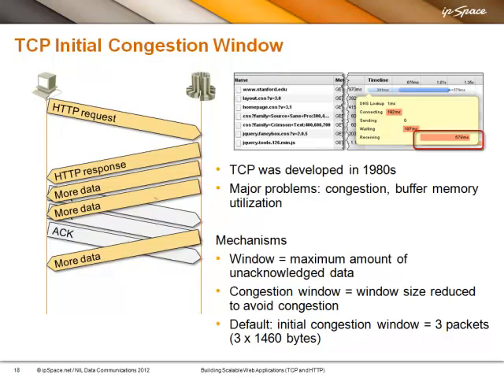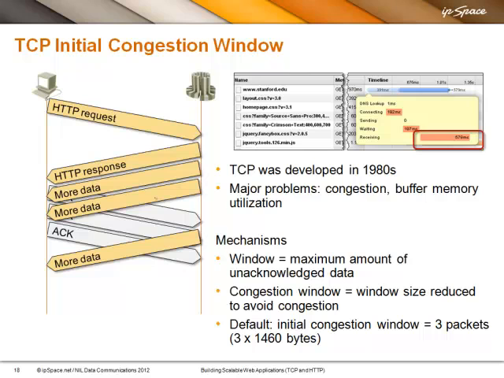Then the TCP congestion window kicks in. TCP was developed in the 1980s. In those days, they were fighting problems like congestion and buffer memory utilization and very slow links and so on and so on. And TCP has extremely good mechanisms to handle that.